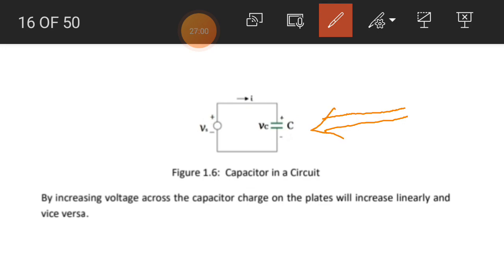The capacitor, which is a passive circuit element. Capacitor is known as a passive circuit element because it takes the energy from the voltage source. And the voltage source which delivers energy to this particular circuit. So there are two circuit elements in this particular simple circuit.